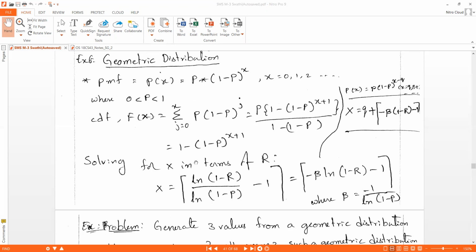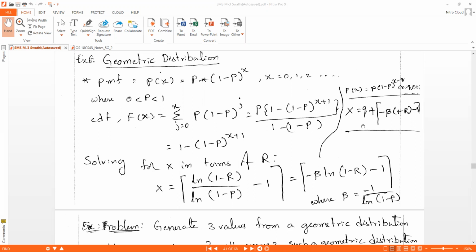If you solve this, we will get F of x is equal to 1 minus (1 minus P) power x plus 1. And we can solve it, P of x will be P of x is equal to P of (1 minus P) power x minus q. And if you solve it like this, then we can find the x value.